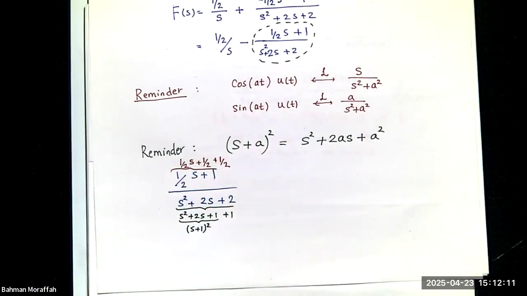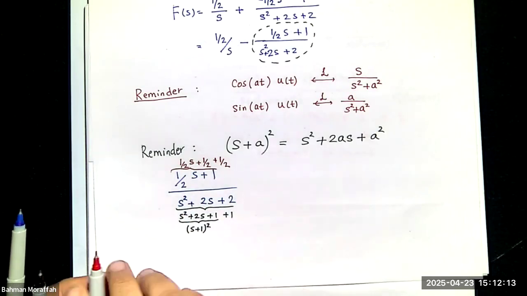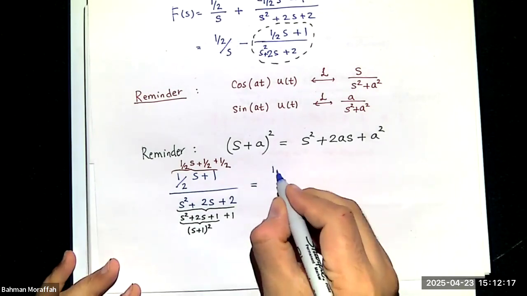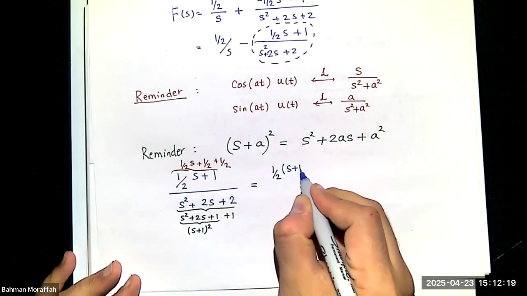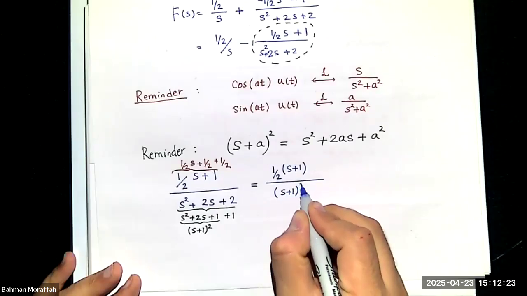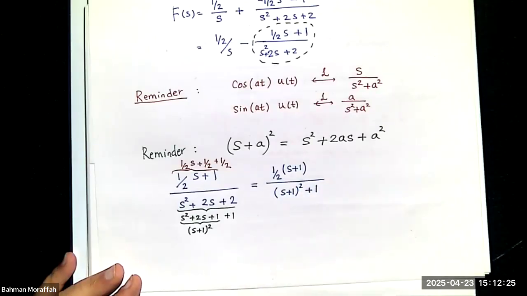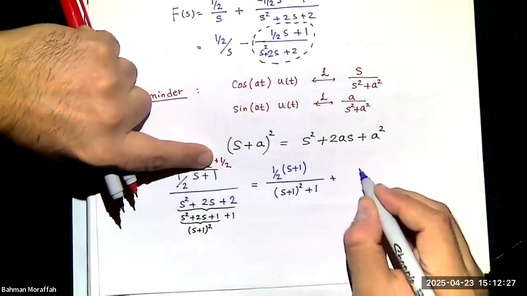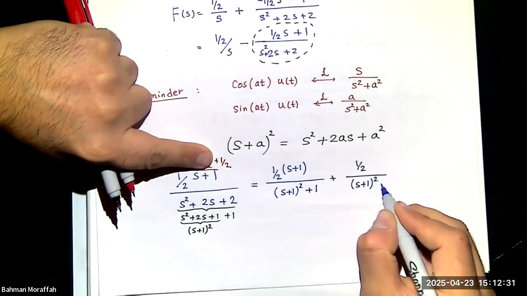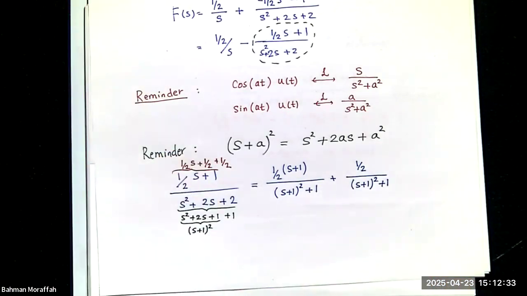I can do that, right? So I can rewrite the whole thing over here as half (s plus 1) divided by (s plus 1) squared plus 1, plus this half left, divided by (s plus 1) squared plus 1. Right? Now it looks just like this, just shifted.